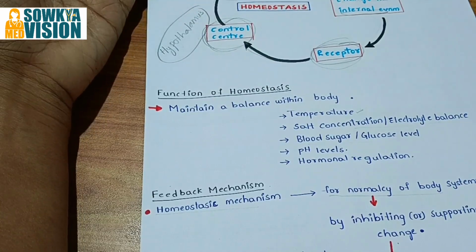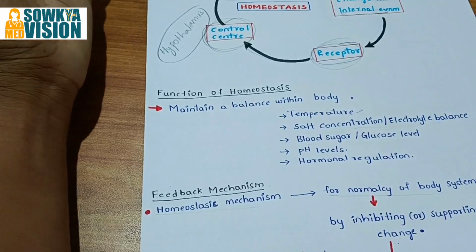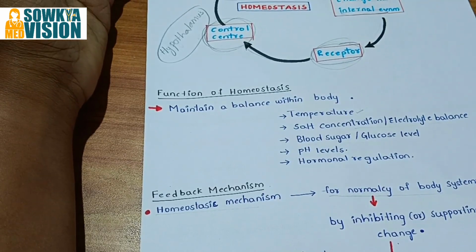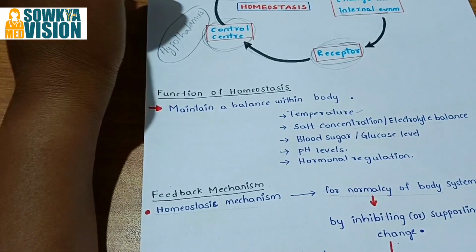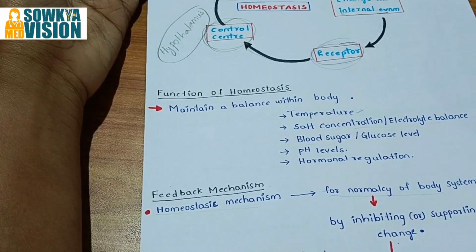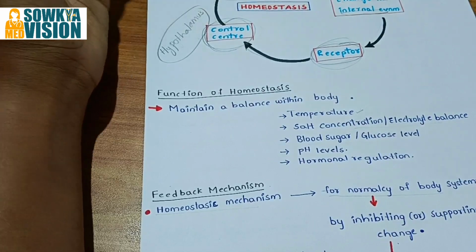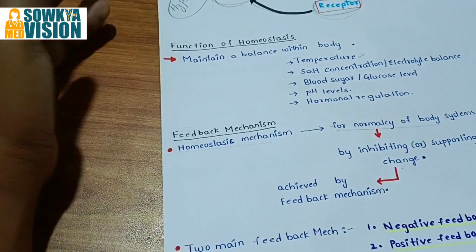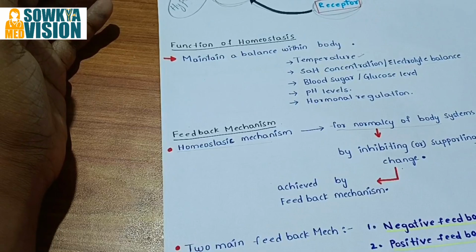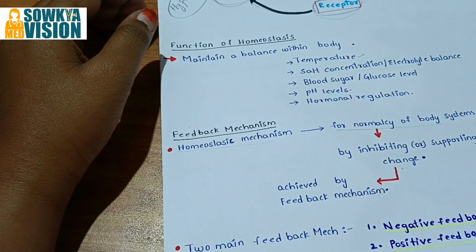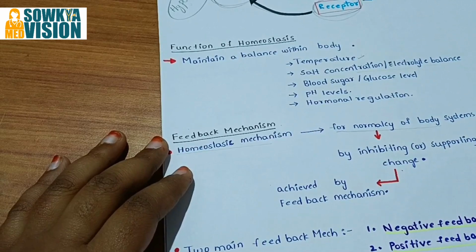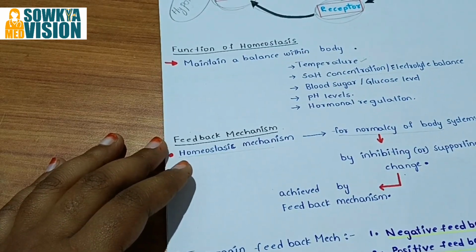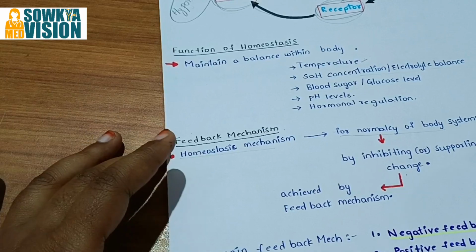So there is a different function for each system, and all these systems are involved in the achievement of homeostasis. The main function of homeostasis is to maintain a balance within the body. Now let's see the mechanism involved in the achievement of homeostasis.